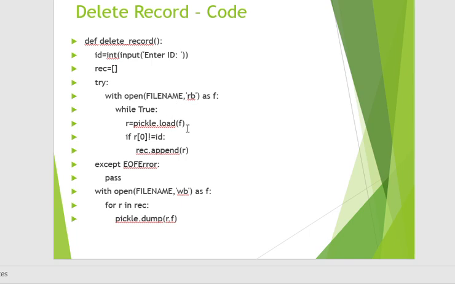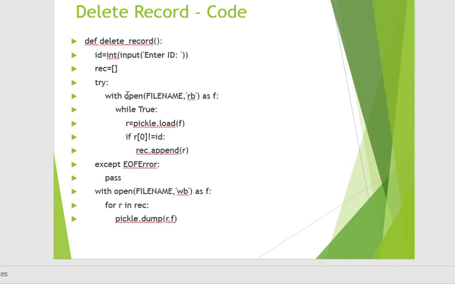If r[0] is not equal to id, because when we are deleting, when r[0] equals id, that record we will not be appending. All the rest of the records will be appended, and we will be storing them in the rec list. So if r[0], the first value, that is the employee id, is not equal to the id which we are deleting, in that case we will append it to the rec list.